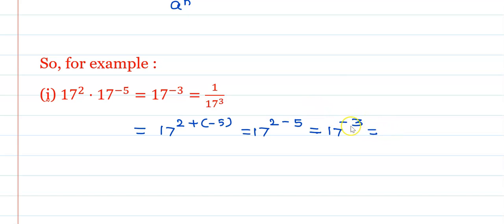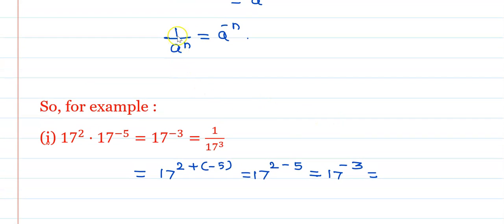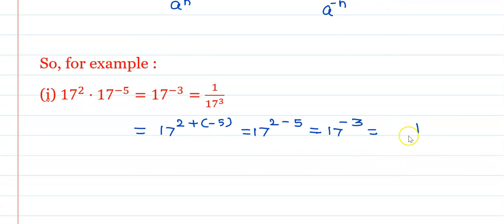And by using this rule, 1 upon a raised to n equals a raised to minus n, and also 1 upon a raised to minus n equals a raised to n, and hence we can write this as 1 upon 17 raised to 3.